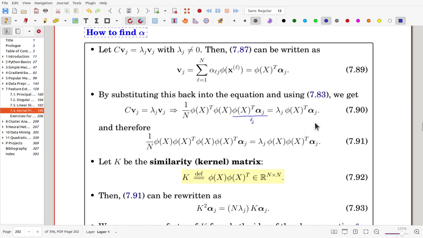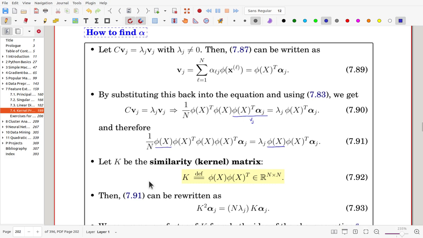Now for this one, we pre-multiply by phi(x), the data matrix, on the left-hand side. Because that one has phi(x) and phi transpose, this is a three-matrix multiplication, so by multiplying one more, it becomes four and it becomes two.